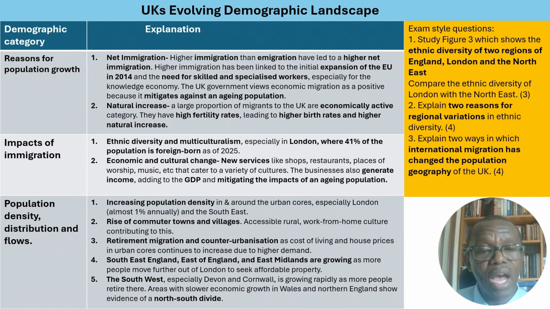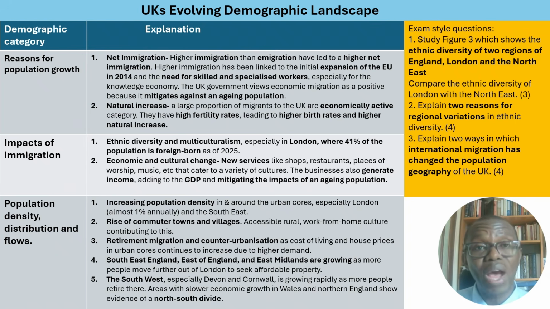Then the next thing is retirement migration and counter-urbanization. Now, of course, as the cost of living and house prices continue to increase in urban cores, we tend to have a lot more retirement migration and counter-urbanization taking place. So the people that were previously working in London during their economically active working life tend to retire to rural areas or to areas that are outside those urban cores.